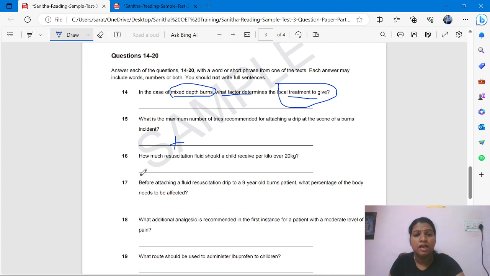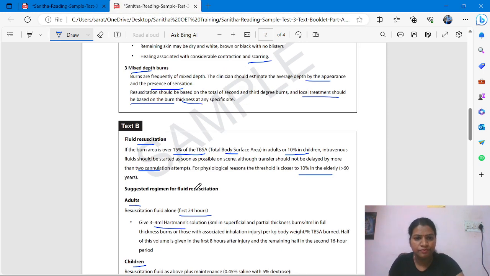Okay. How much resuscitation fluid? We have to write the quantity. How much resuscitation fluid should a child receive per kilo over 20? That we have to find out.